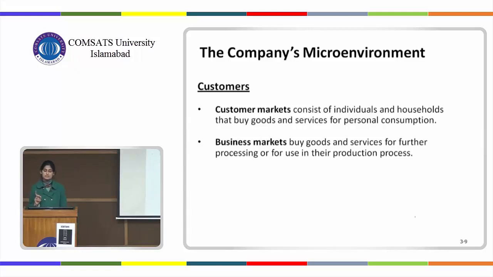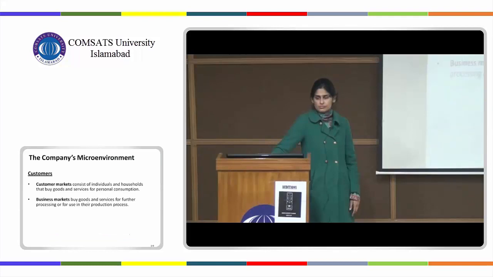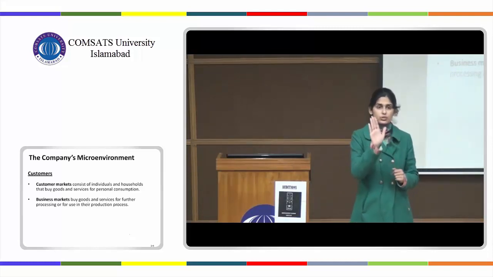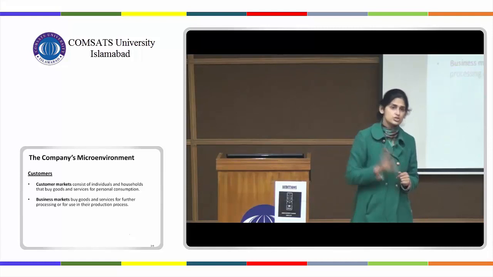Then business market is a market where the product is bought and it is further transformed, right? It's not resold, but it's transformed, right? There's a value addition that goes on. The customer market, the customer buys the final product and doesn't sell it. It is where the chain would end. The product would be consumed there.